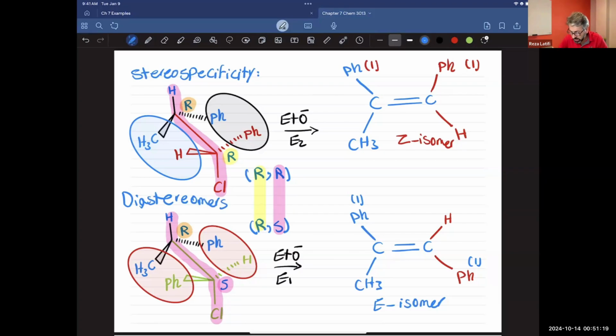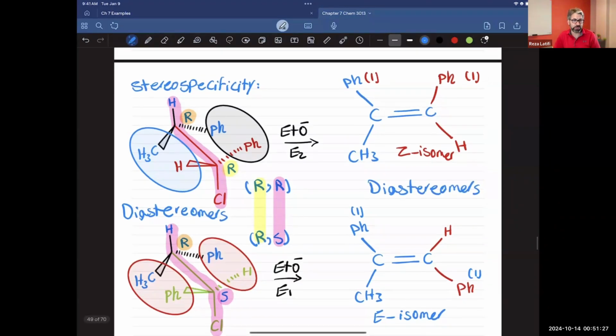I got Z and E, and these two are also diastereomers. So a stereospecific reaction is a reaction that holds the relationship that we have between the starting reactants. If they are enantiomers, you will get products that are enantiomers. If you start with diastereomers, the products will also be diastereomers. And in that case, we say we have stereospecificity for the reaction.